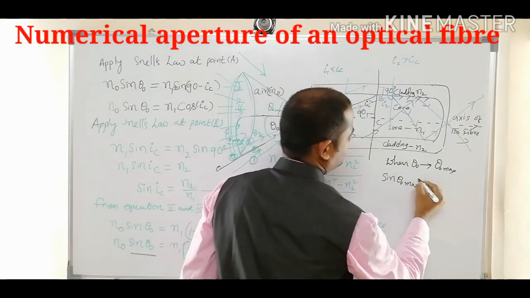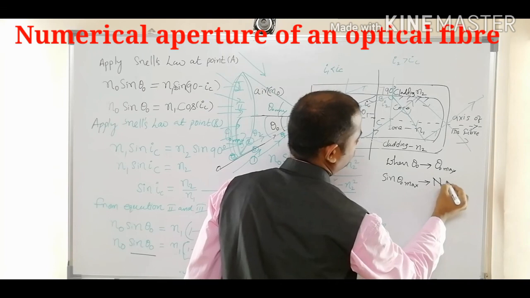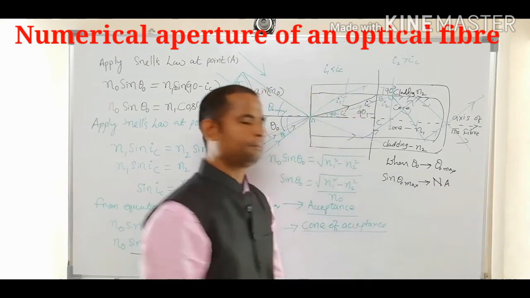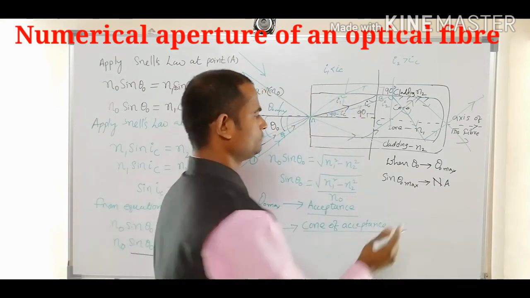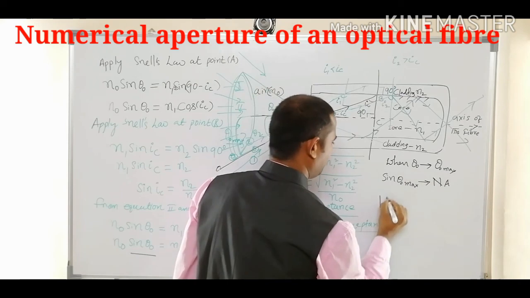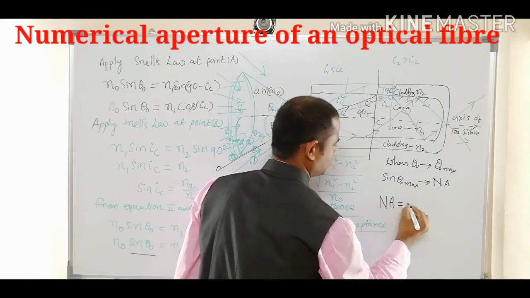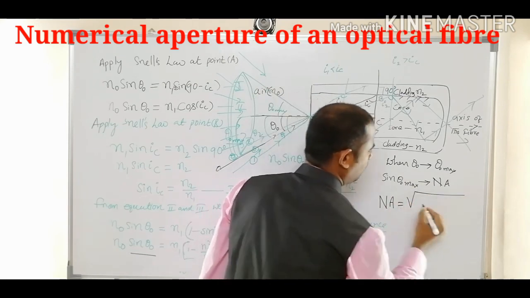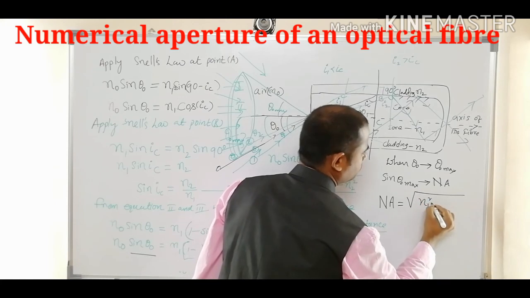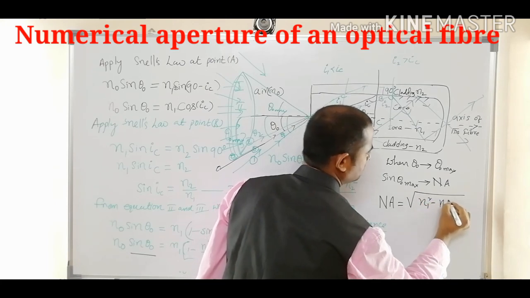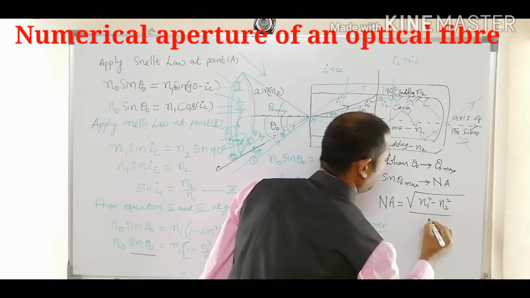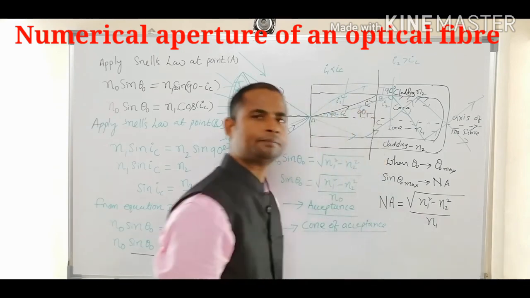I am calling this parameter NA, the numerical aperture. So now I will write NA is equal to square root of N1 square minus N2 square upon N naught.